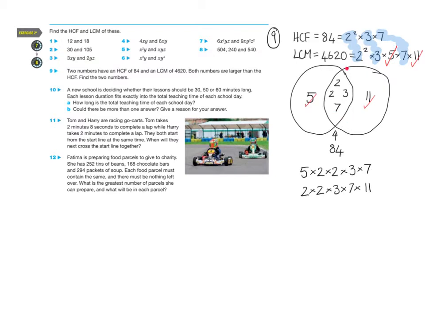The way I got that was I multiplied all of those together. And I must be honest, I'm going to use a calculator to figure those out. Well, there we go. I used my calculator and I found the two numbers were 420 and 924.